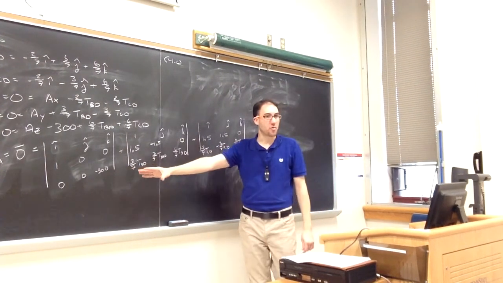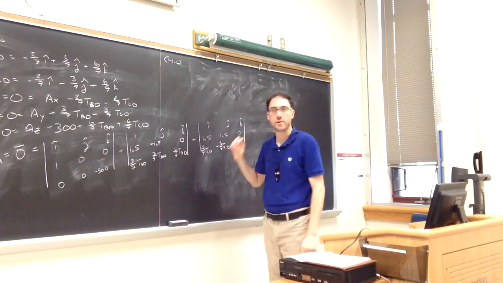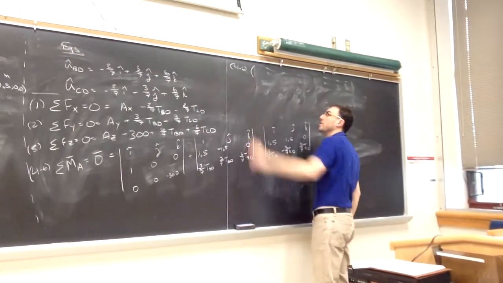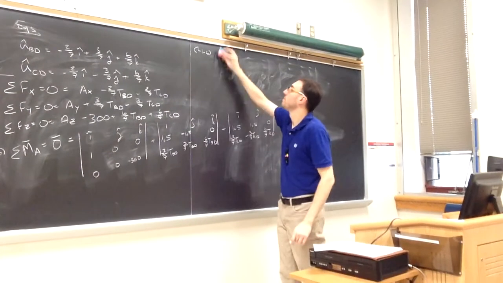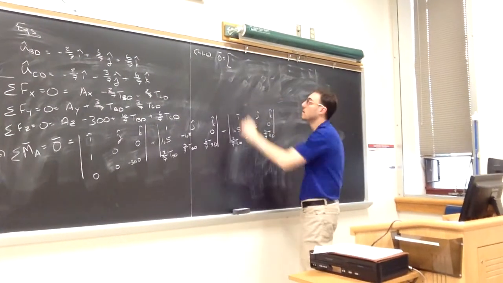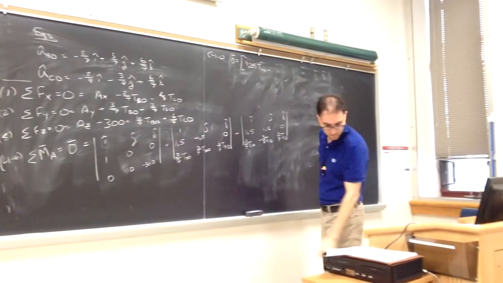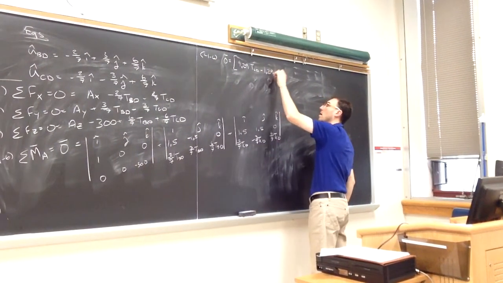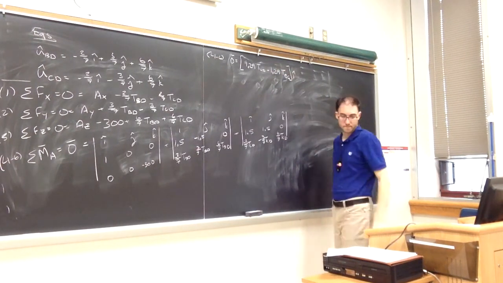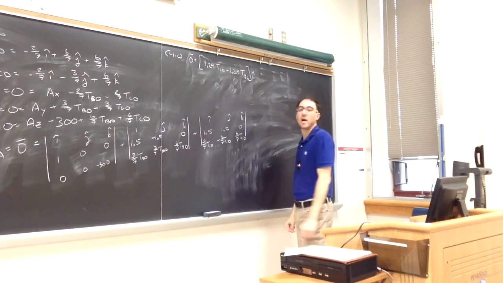I expand out these cross products, and I can group everything in front of I, in front of J, and in front of K together. For the I terms, I'll get 1.29 TCD minus 1.29 TBD.